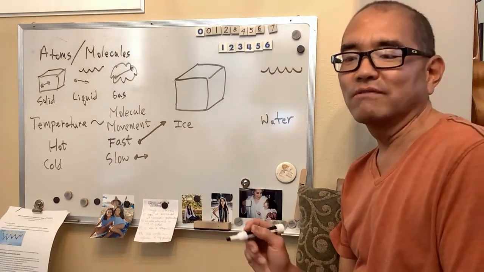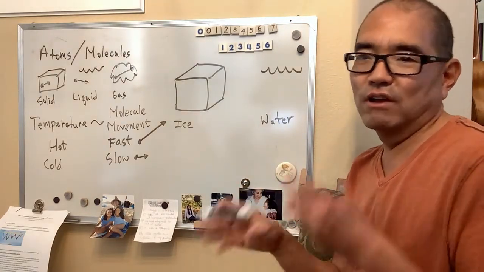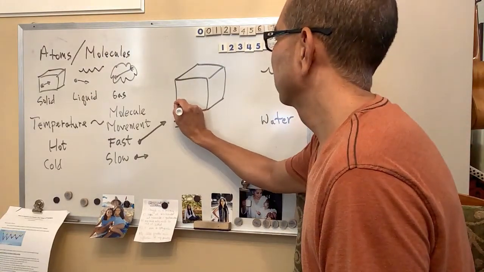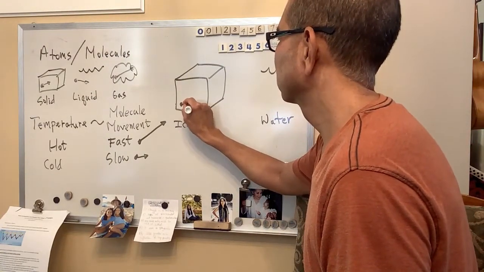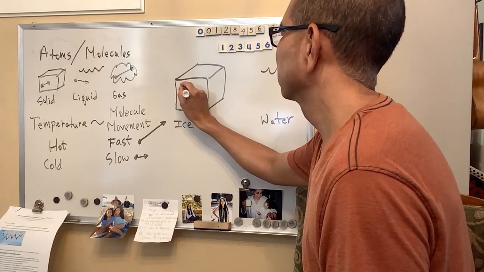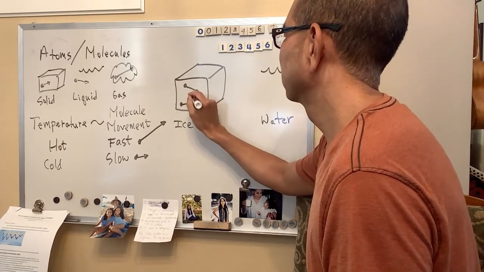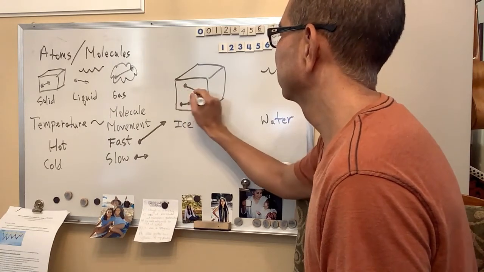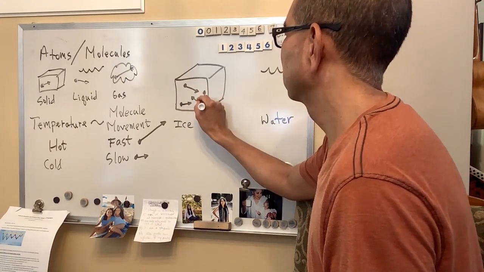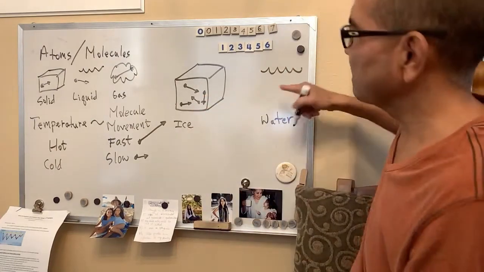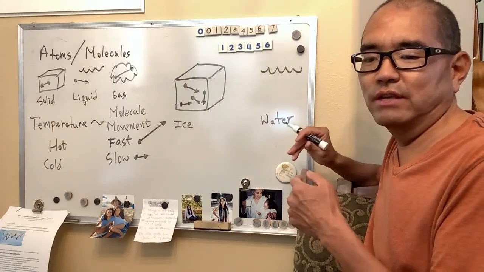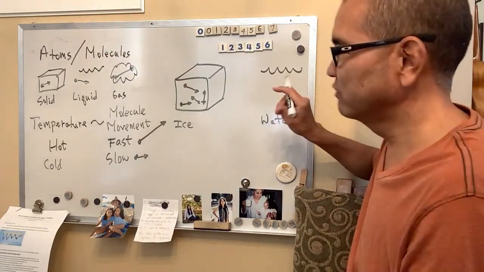Okay, and in the block of ice, we'll have very slow moving molecules, so they will have relatively short arrows. Not all the arrows will be the same length, some a little bit longer, but generally speaking, they are shorter. And in the water, we'll have slightly longer moving arrows.